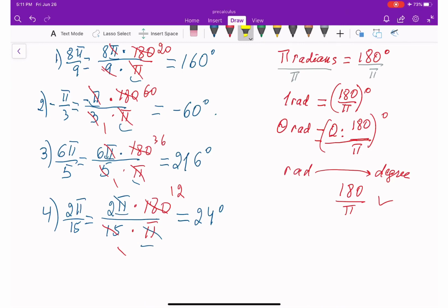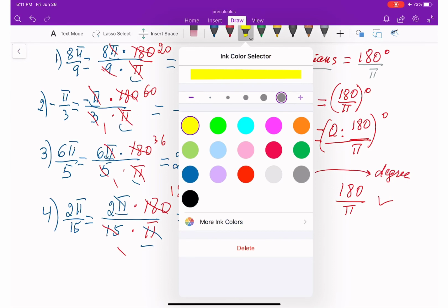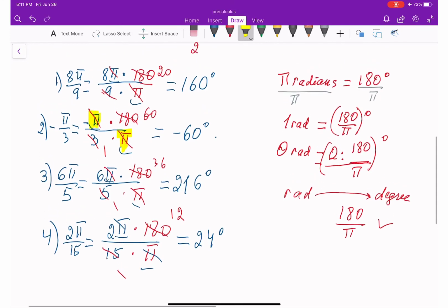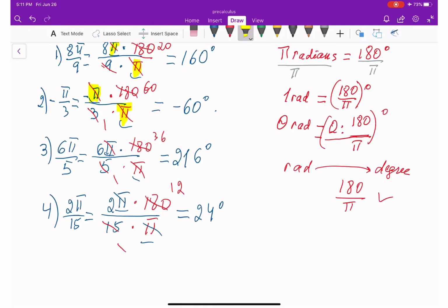See, pi is disappearing. That's why every time we convert radians to degrees, my pi is always in the numerator. Therefore, I have to make sure I divide by pi too, because I want to get rid of pi, so degree will stay. And that's how you will know that you have to take 180 over pi.